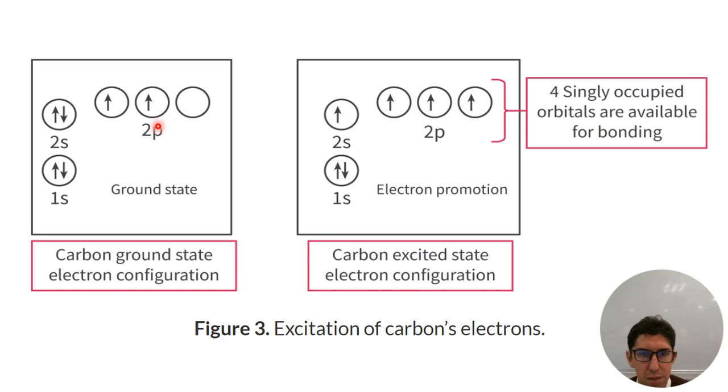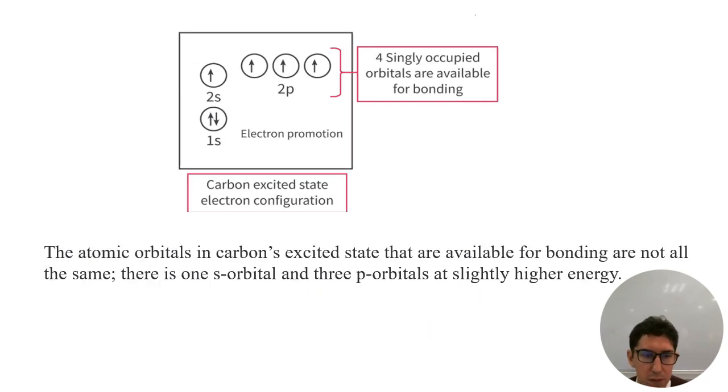But once carbon has bonded, you can see that one of the electrons in the 2s orbital has been promoted to a slightly higher subshell. Now it has 1 electron in 2s and 3 in 2p, each in individual orbitals. This means we've got 4 electrons available for bonding, which is why carbon can form 4 bonds.